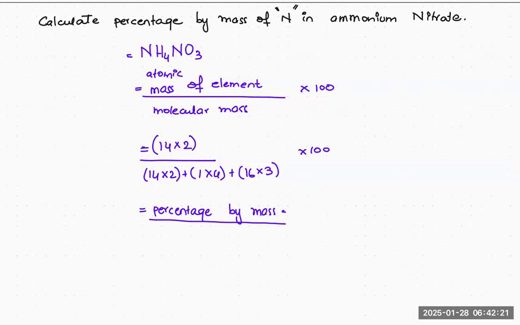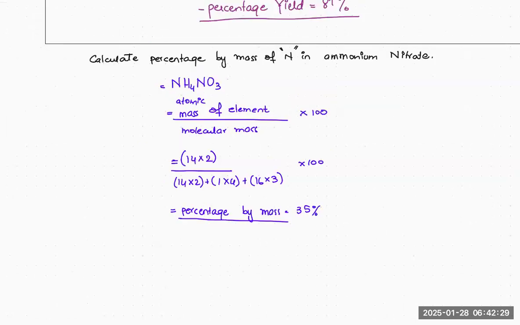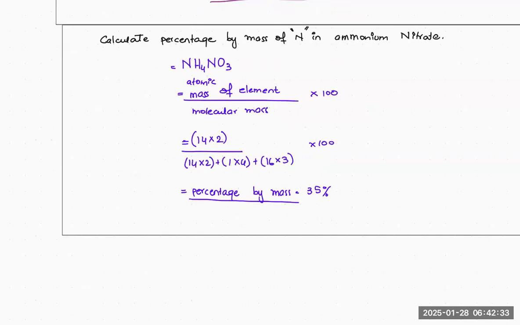Okay. After this, let's take a look at another important formula, and that's your atom economy. So, what is your atom economy? Atom economy is basically calculated in such a way.